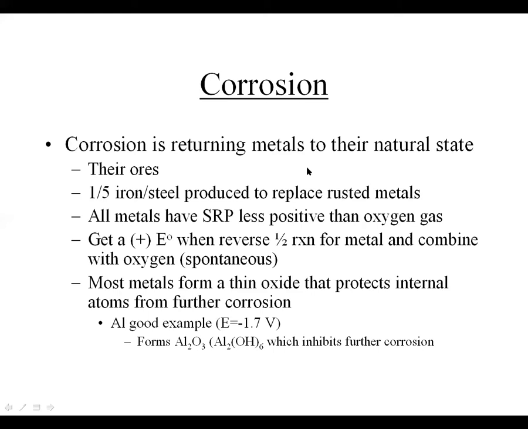Corrosion is returning metals to their natural state. About 1/5 of iron or steel production is made to replace rusted metals. And pretty much all metals that have an SRP value that is less positive than oxygen will be susceptible to corrosion. The basis of that is what we've been talking about with our galvanic cells.